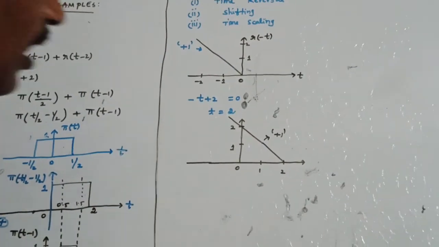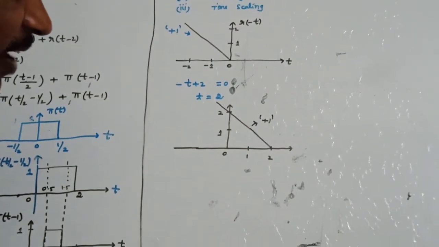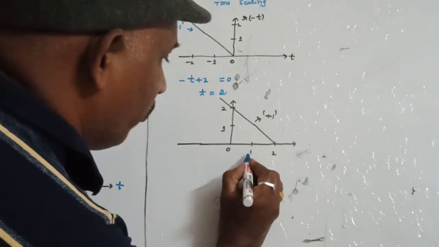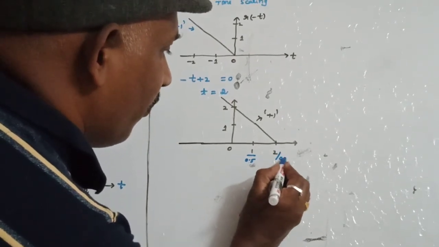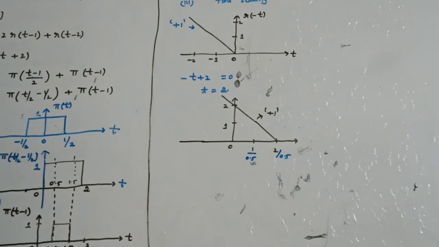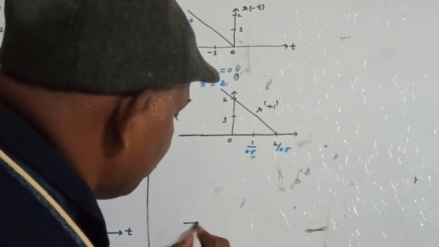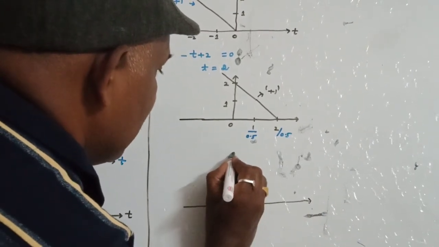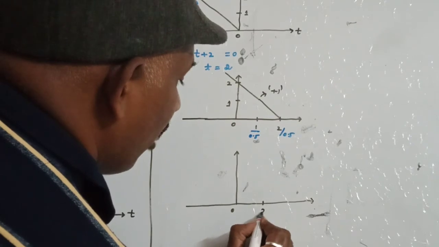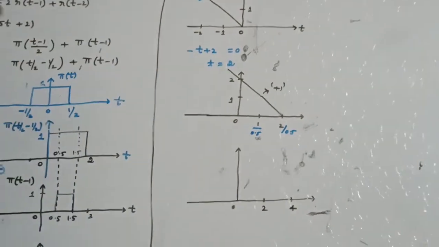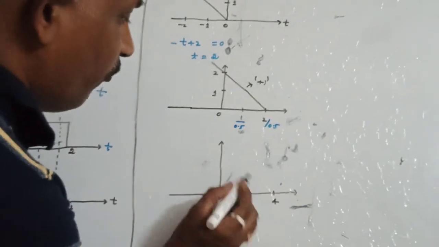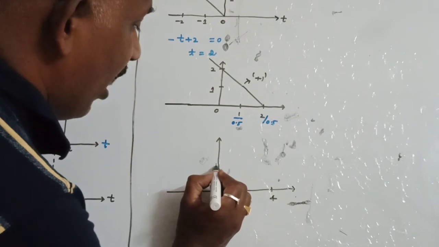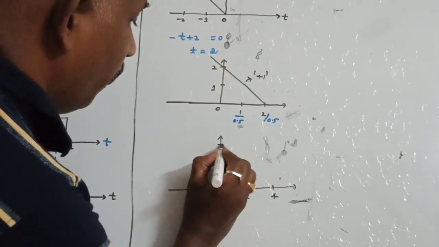Next, the third step, the time scaling operation, that is divide the scale by 0.5. Let us see how to draw this time scaling. First draw the signal. 0 stays, 1 by 0.5 becomes 2, 2 by 0.5 becomes 4. The amplitude remains as 1 and 2.